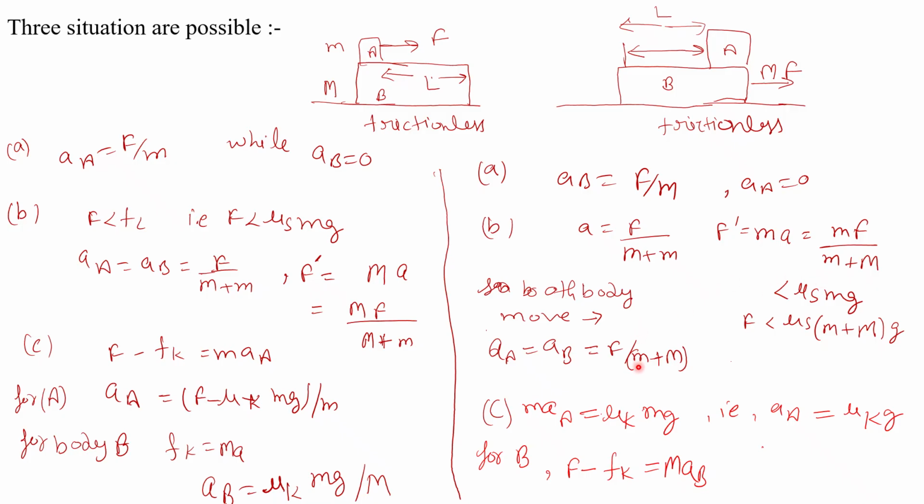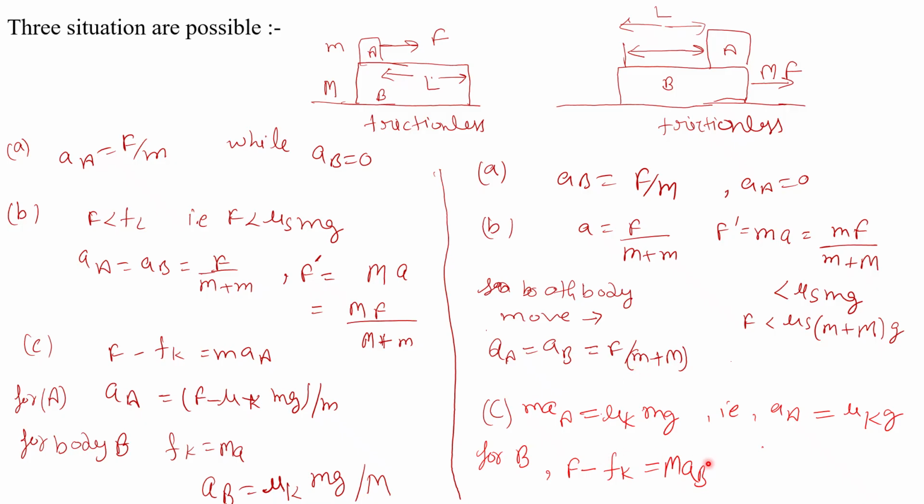Now, as this force on the upper body A is provided by the friction between A and B, both will move together only if F' is less than F_L, so F is less than μ_s(M + m)g. So both bodies will move together with accelerations a_A = a_B = F/(M + m).